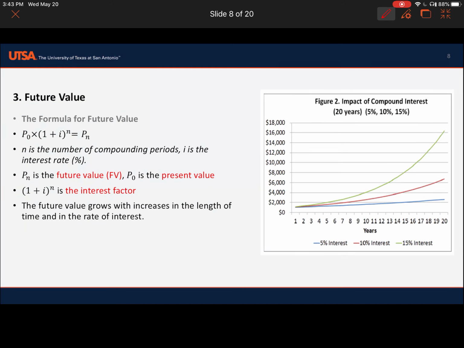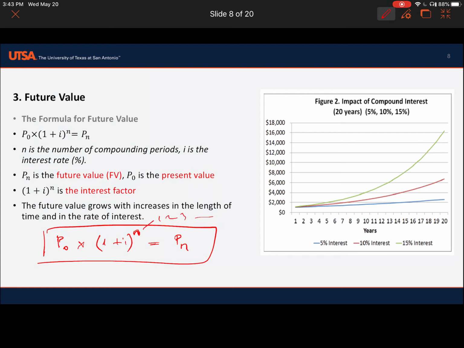When you look at the formula, the present value, today's price, multiplied by 1 plus the interest rate to the power of the number of periods, equals the future value. Here n is the number of compounding periods. It can be 1, 2, 3, and so on.